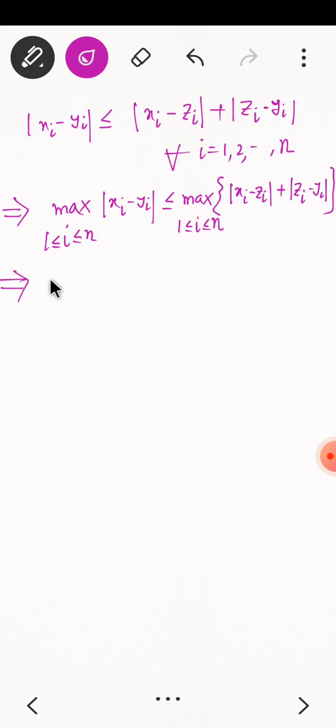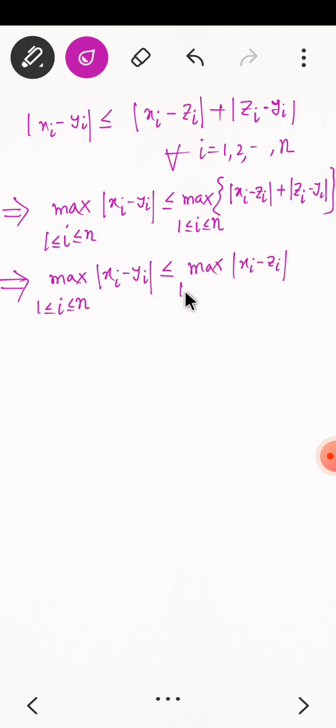So this implies that the maximum of mod of xi minus yi is less equal to the maximum of mod of xi minus zi, i varies from 1 to n, plus the max of mod of zi minus yi, i varies from 1 to n.